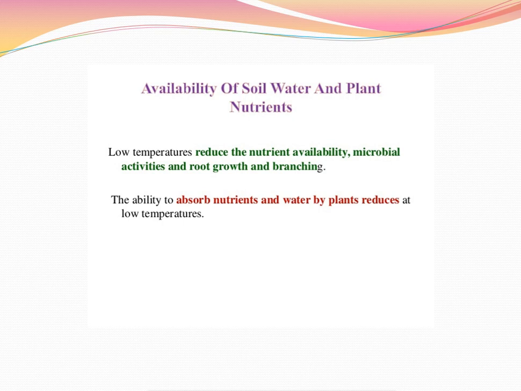The ability to absorb nutrients and water by the plant reduces at low temperature. For creating such turgor, it requires a temperature range, called the optimum temperature, as we saw previously, which is the result for absorption of nutrients as well as moisture. Okay.